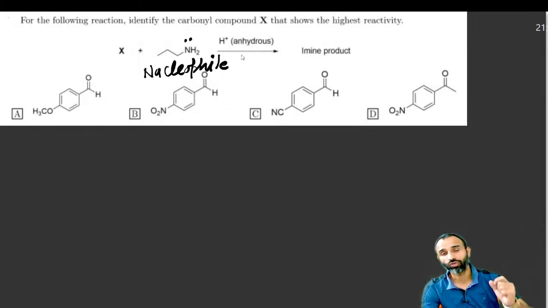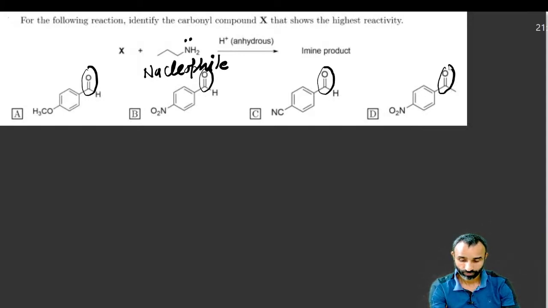So, this nucleophile will attack on this carbonyl carbon. Yes. So, this carbonyl carbon, this is a ketone. So, it is straight rejected because we need the one which has the highest reactivity.